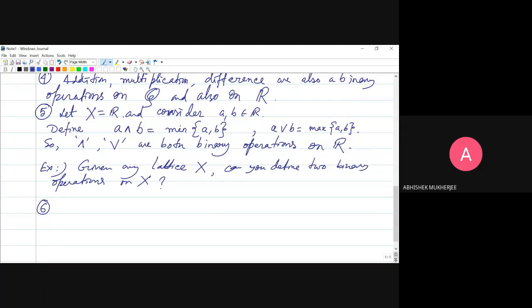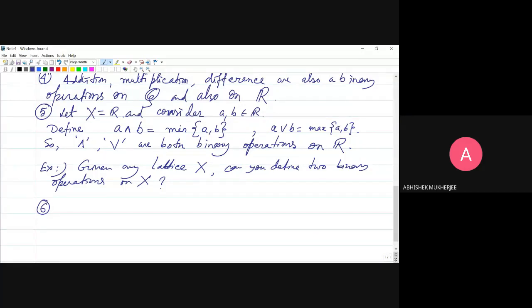Given any two integers A, B, suppose they are positive, then you can definitely have two objects out of these two positive integers. One is the greatest common divisor of these two, and another one is the least common multiple of A and B, right?